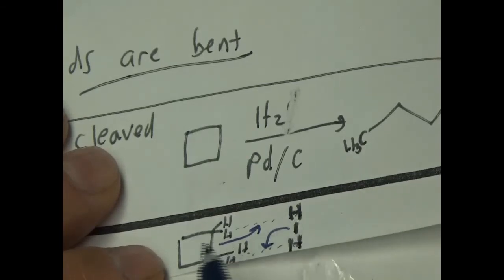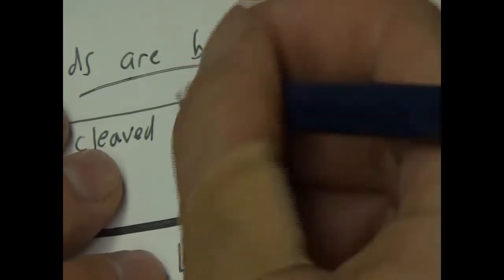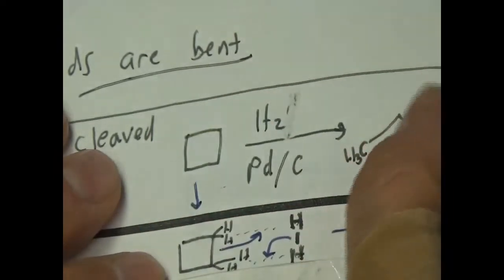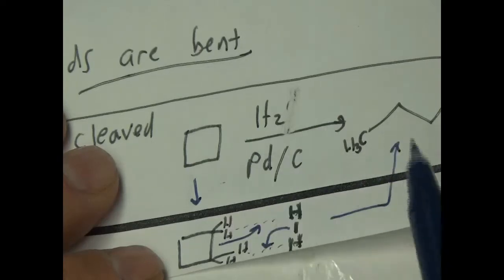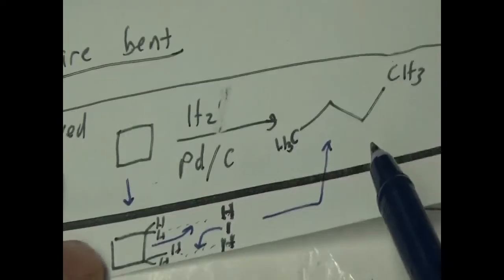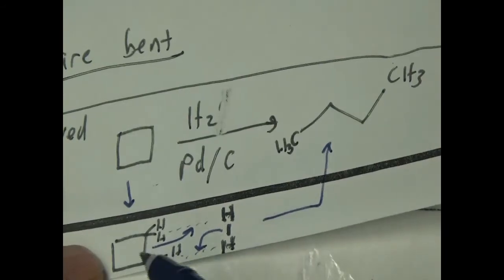Where one H goes to one carbon, another H goes to the other carbon. You have a net introduction of 2 H's, right? And it goes from C4H8 to C4H10, because you added 2 H's. And the CC bond gets cleaved in this process, right?